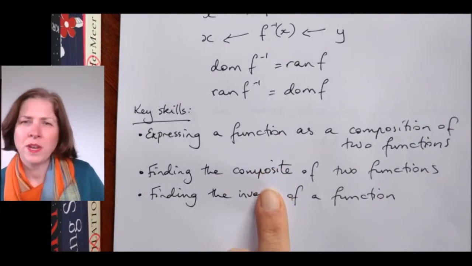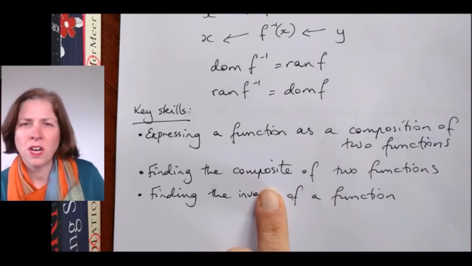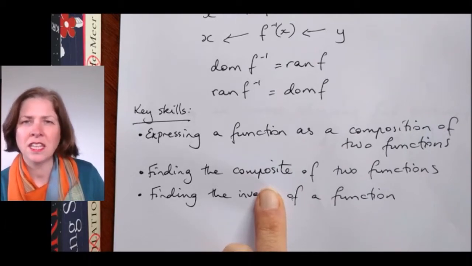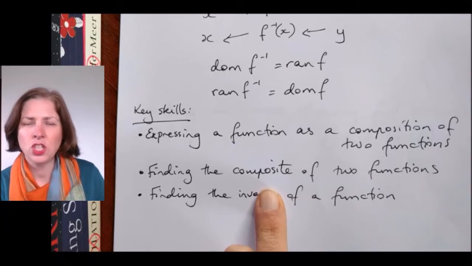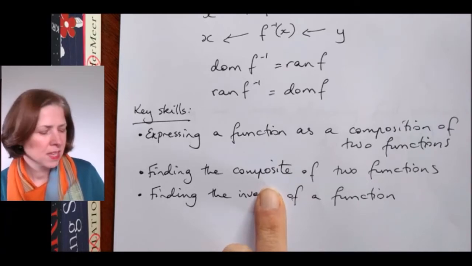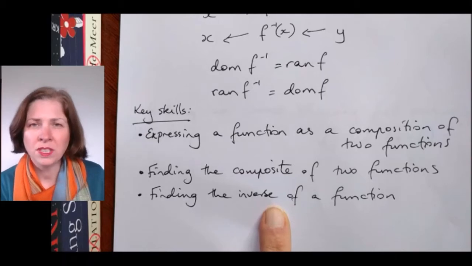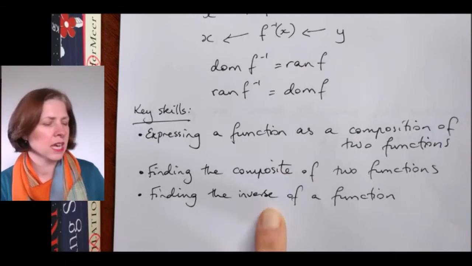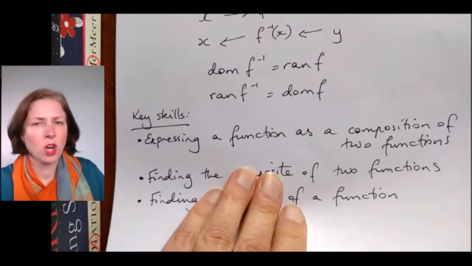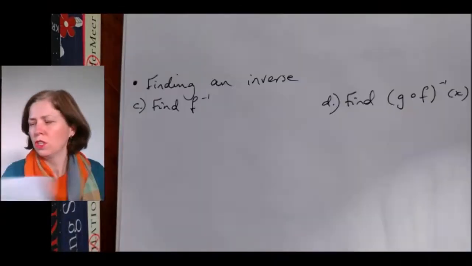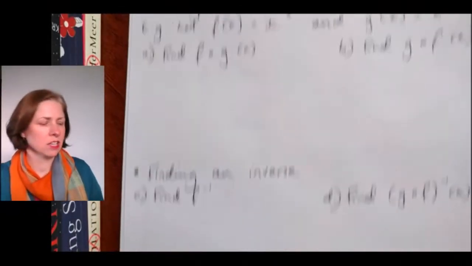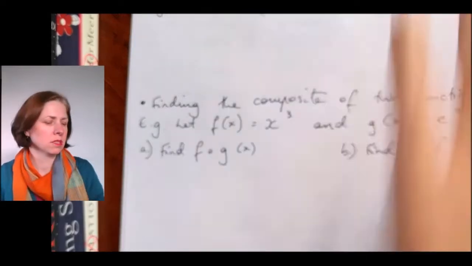We need to make sure we can find the composite of two functions. So if given f of x and given g of x, can I make g of f of x? And we need to make sure we know how to find the inverse, including and importantly showing all appropriate working. So now I'm going to look at each of those key skills with some examples.